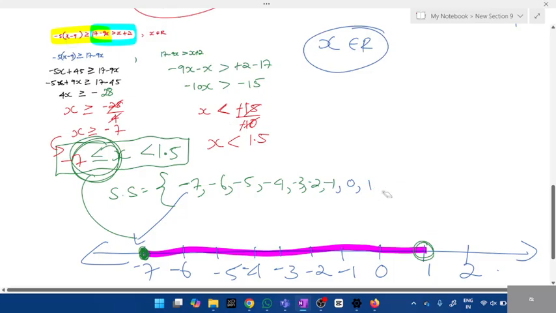So it is a real number, so for real numbers we take even 1.5. No, up to 1 is fine. Hollow circle means that value is not included. This is the final answer.